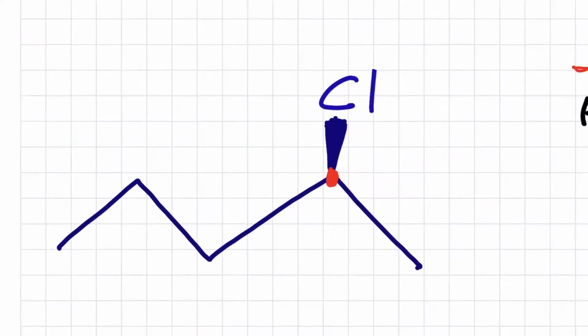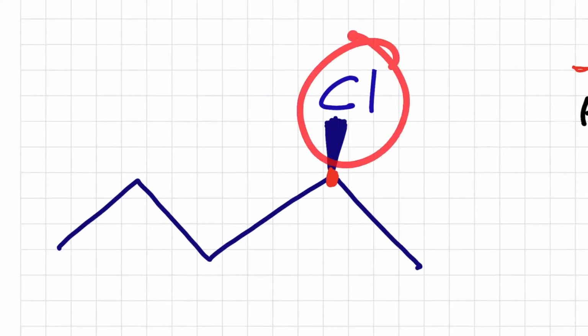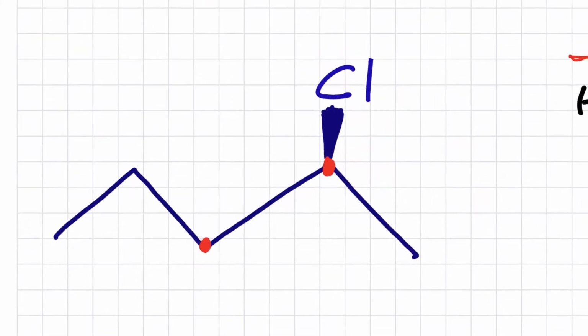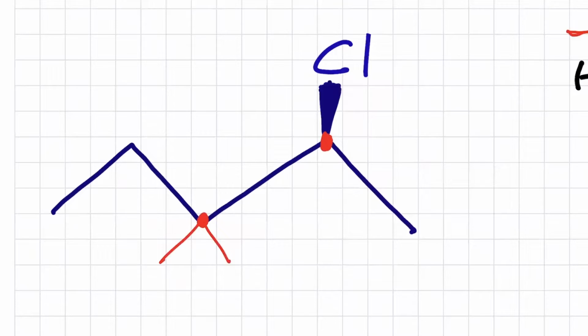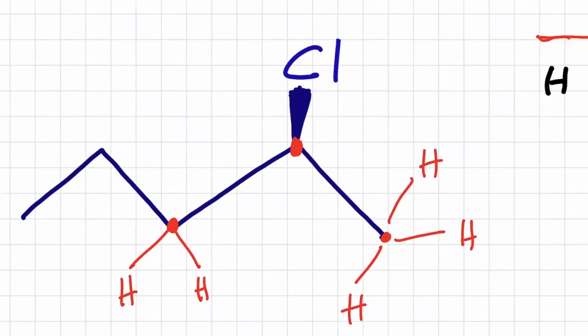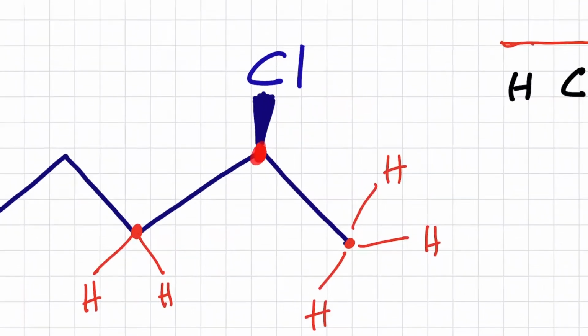So what are the groups connected to our chiral center? We agree that there's a chlorine, right? A carbon attached to 2 hydrogen, okay? A carbon attached to 3 hydrogen on the right. And remember, carbon can do 4 bonds.